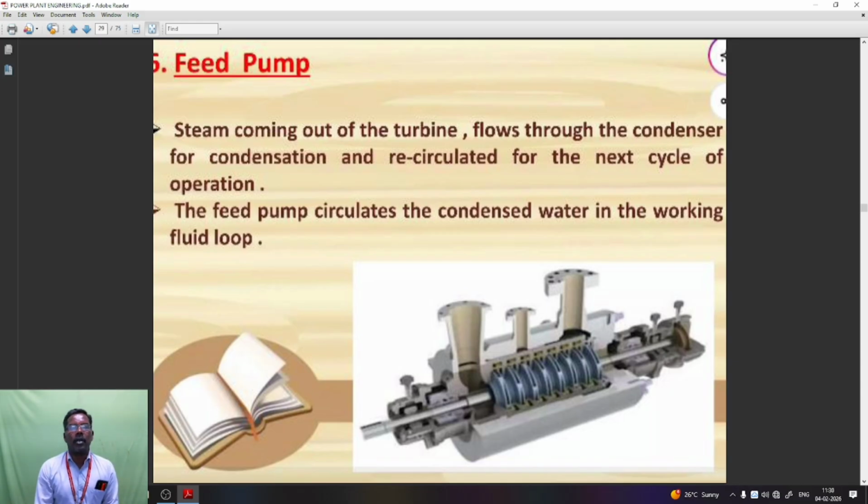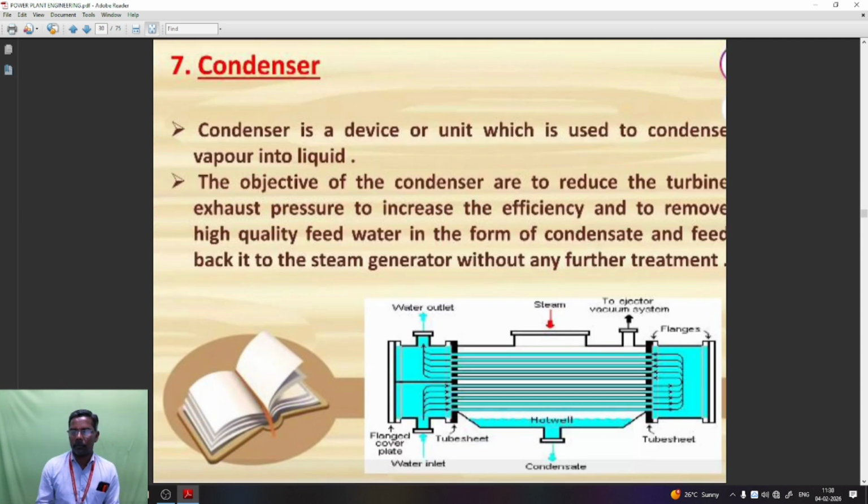Steam coming out of the turbine flows through the condenser for condensation and is recirculated for the next cycle of operation. The feed pump circulates the condensed water in the working fluid loop. Condenser. A condenser is a device or unit which is used to condense vapor into liquid.